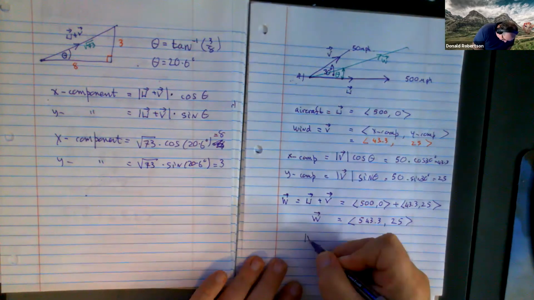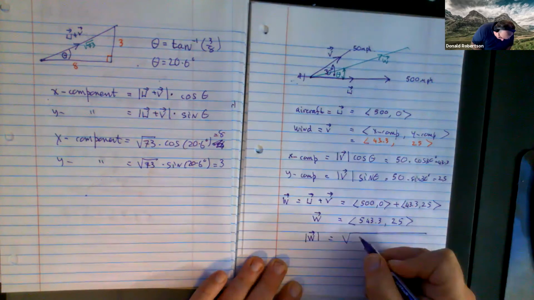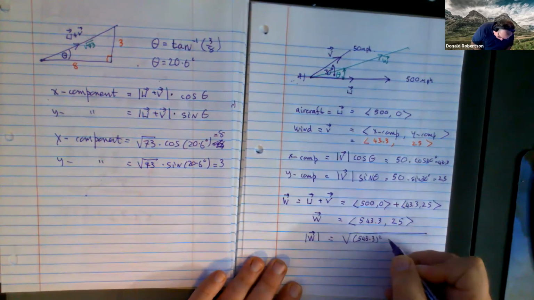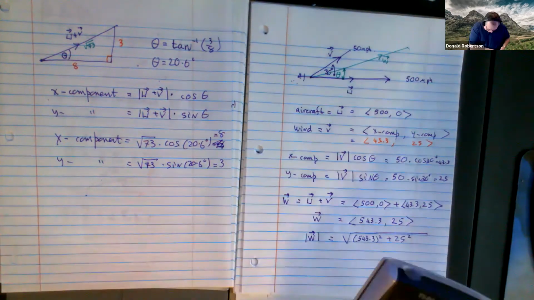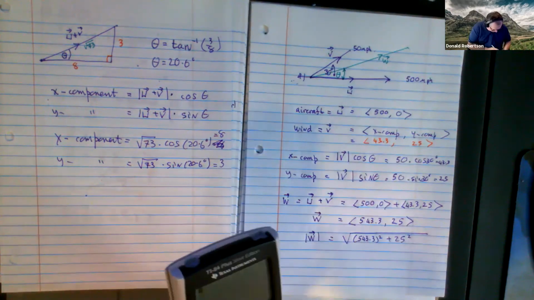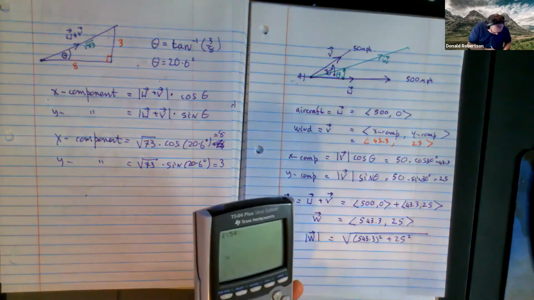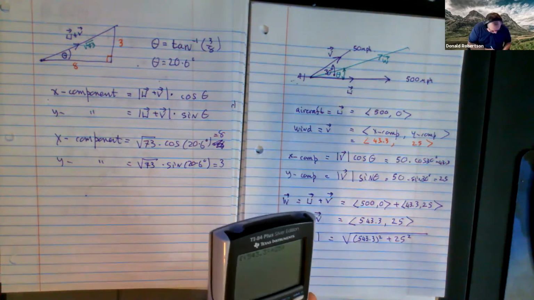The magnitude of this vector is 543.3 squared plus 25 squared, which is kind of what Tim was doing, because he's used to these. And so that's the square root of 543.3 squared plus 25 squared.